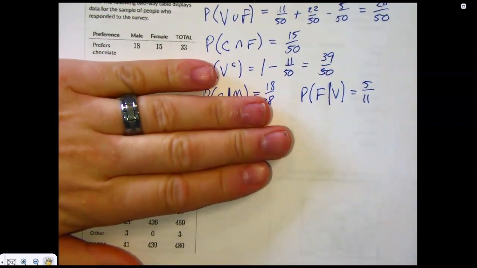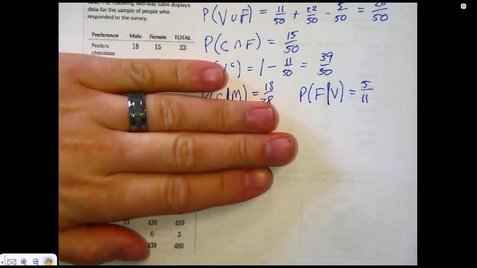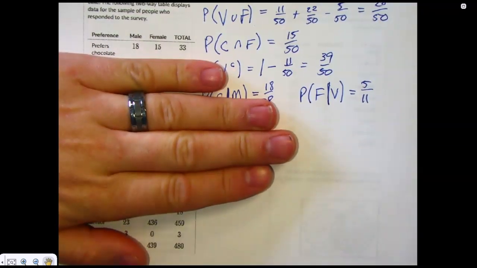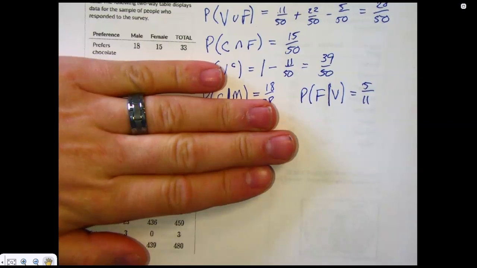That's the only place I'm looking right there. And I want to know the probability that it's male. So how many total are in the chocolate row? 33. How many of them are male?